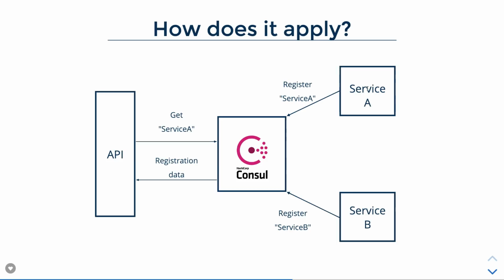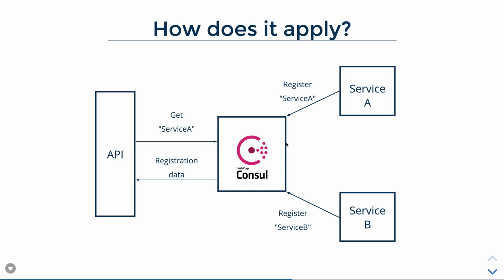So you will have service A, and it can have 1 or 10 or 100 instances, and your API, while calling service A, will get the list of these services, and it can pick one of them from the list and ask it for the data.